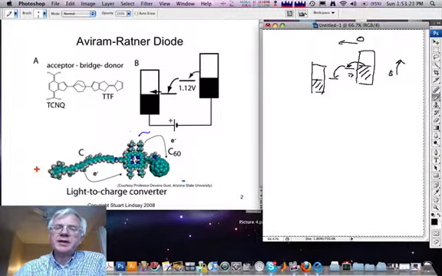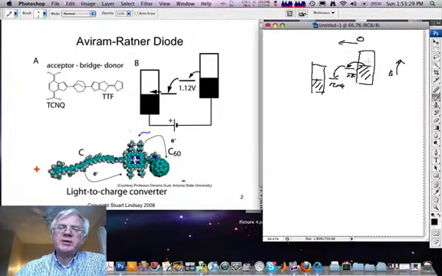So here's TTF, and here is TCNQ. The result is that an electron can only pass from this electrode to this electrode via these states in this direction, because the Boltzmann factor for going the opposite way, uphill against this energy barrier, is tiny. You can see it's on the order of e to the power minus 40.